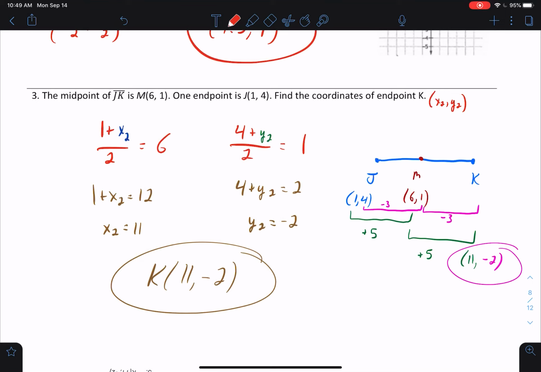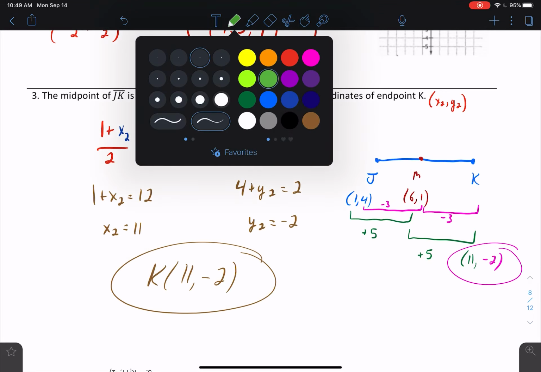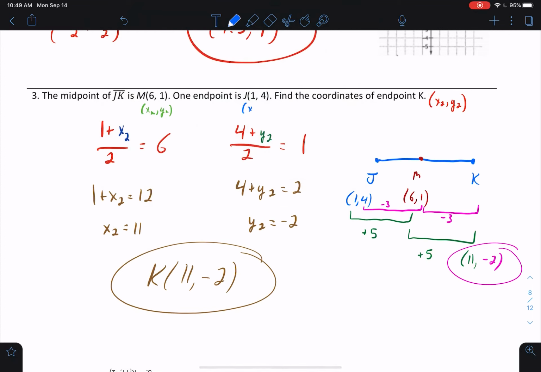Okay, so it might help if I label these. You know the coordinates of one of the endpoints, you know the coordinates of the midpoint. Plug those numbers in, solve for what you don't know.